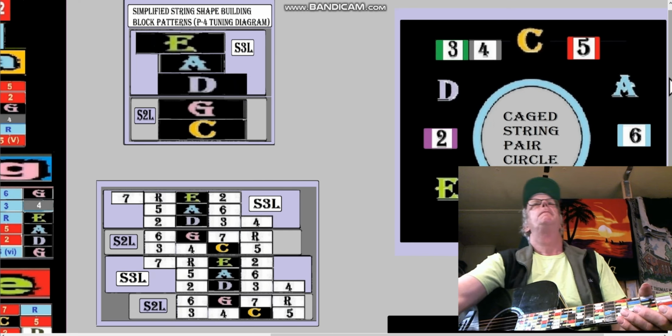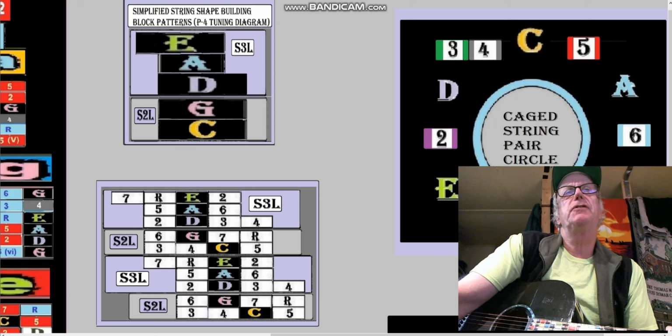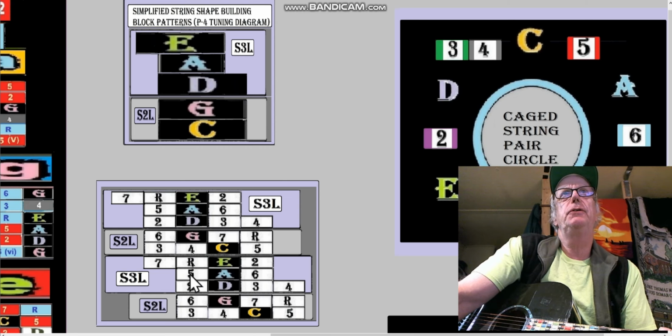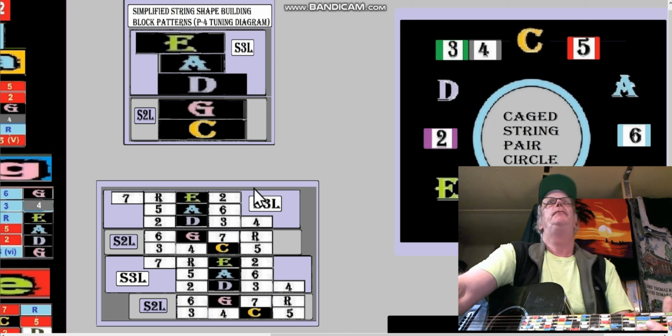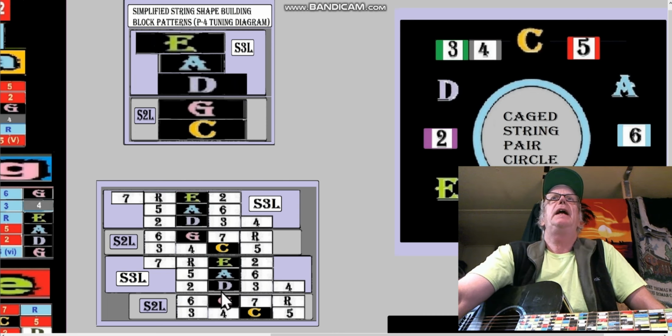Alright, so I decided that since we use our two little patterns, and I just showed you how you'd have to adjust those patterns when you get to a real fretboard, just take the letters and see if I can look at an S2L, which is down here.